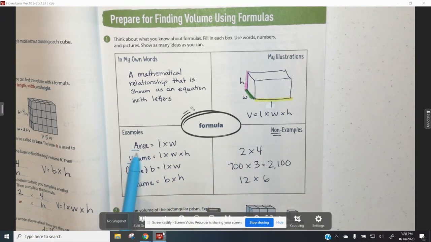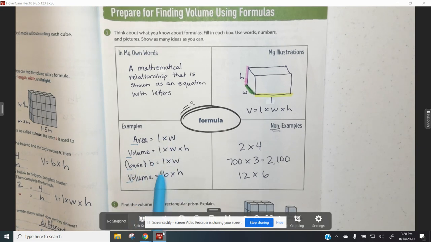So when we're trying to find the area of something, we multiply the length times the width. When we're trying to find the volume, we do length times width times height. When we are looking to find the base, it's just like finding the area. You're going to multiply the length times the width. And then the other volume formula we learned was multiplying the base times the height.